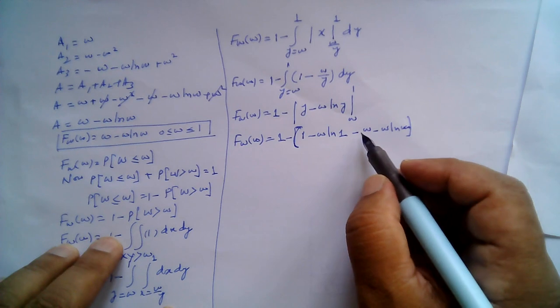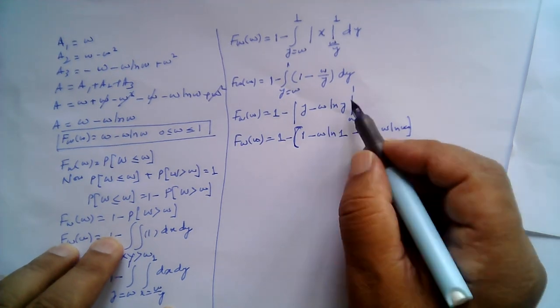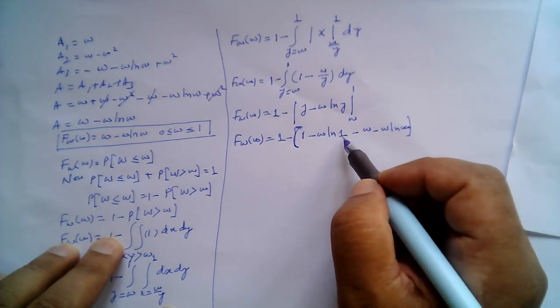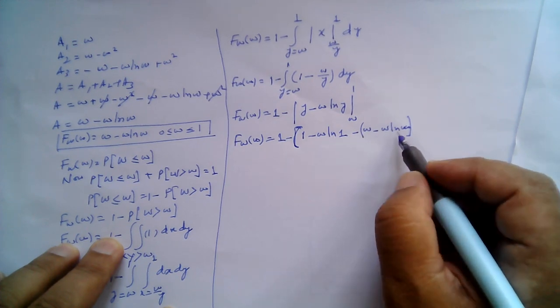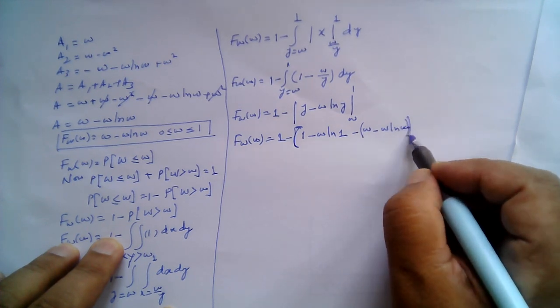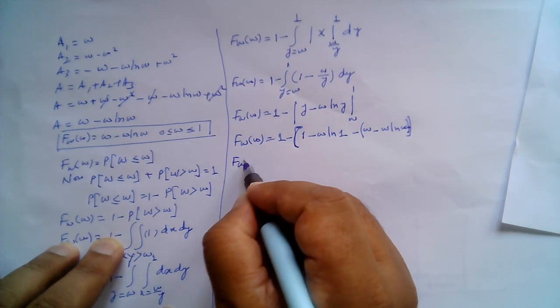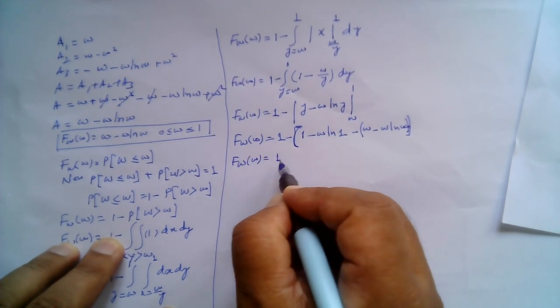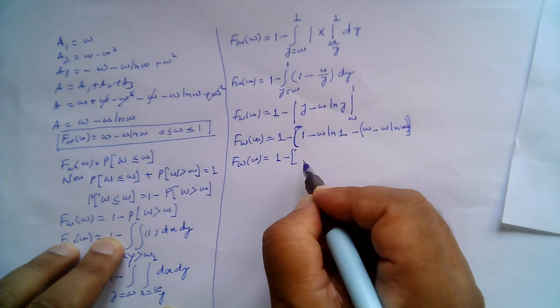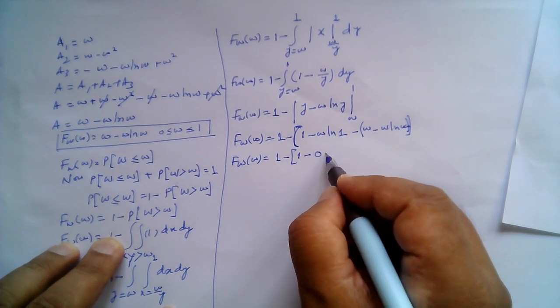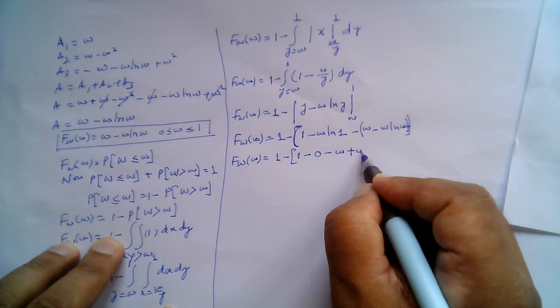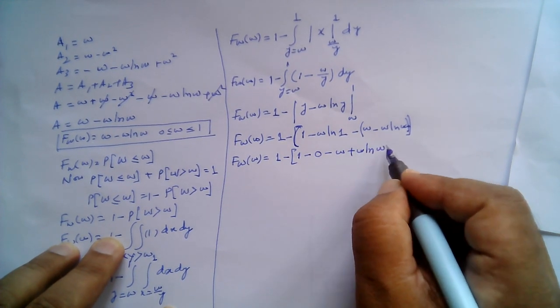Minus, 1 minus w natural log of 1, then minus w and then minus w natural log of w, right? So F_W of w is 1 minus, this is 1 minus 0, this is 0, minus w plus w natural log of w, right?